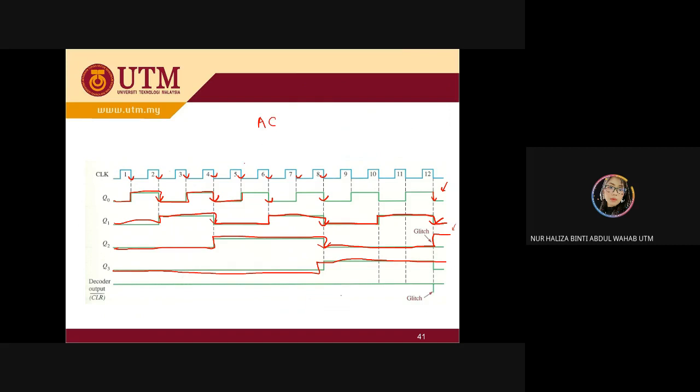But when I have mode 12, I need to force my counter down directly to 0000 when I meet mode 12 there. So you can see here it will glitch to move, to force you to be zero every single thing here.